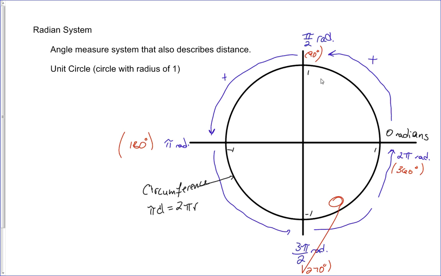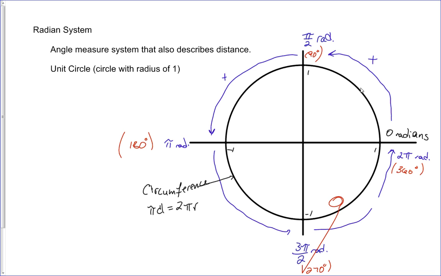So if you take any circle and divide out the radius, it's always going to be 2 pi around. If you were to take the radius of this circle and lay it around here, it would go around 6.28. You could lay 6.28 radii around this circle.